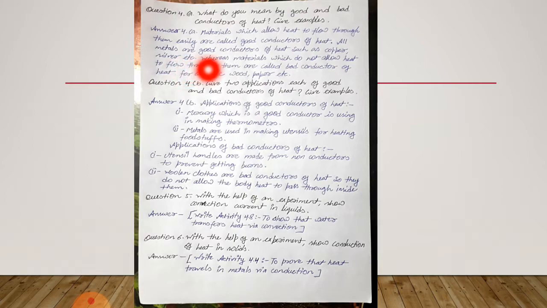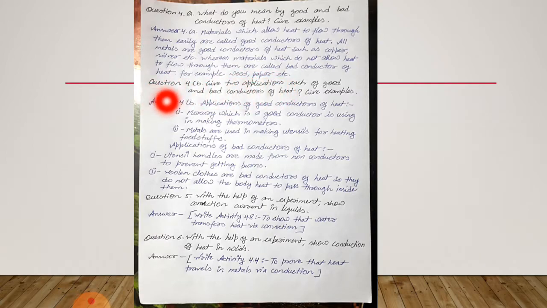All metals are good conductors of heat, such as copper, silver, etc. Whereas materials which do not allow heat to flow through them are called bad conductors of heat. For example, wood, paper, etc.